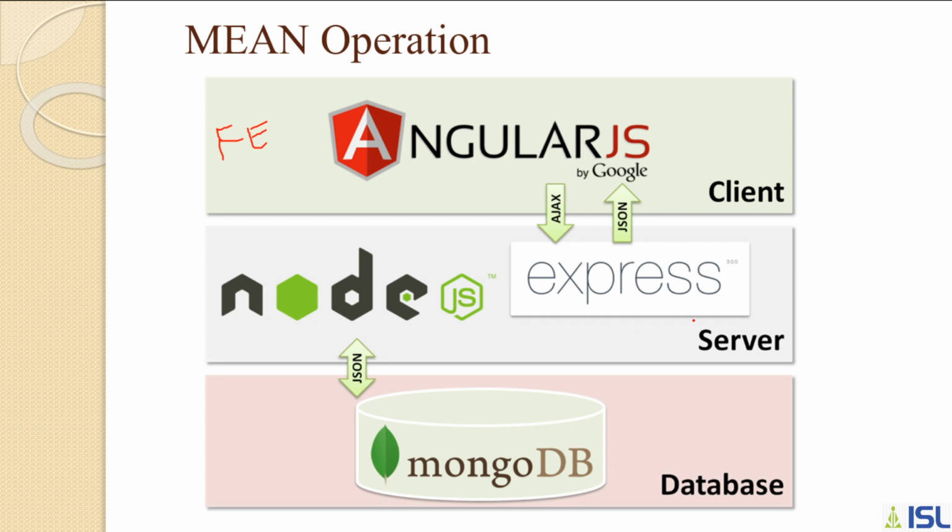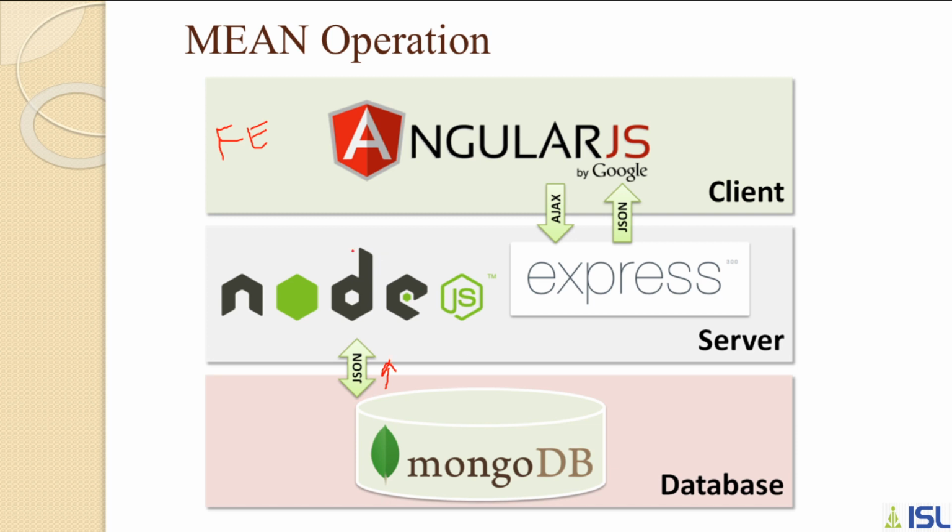Node.js and Express are servers, MongoDB is the database. From AngularJS, with the help of Ajax or JSON, the data is transferred between Express and AngularJS, and as we told in the previous slide, MongoDB transfers the data with the help of JSON.